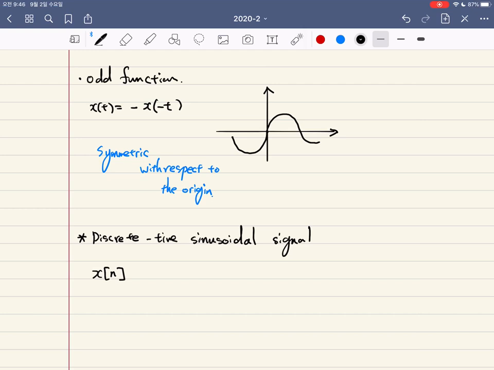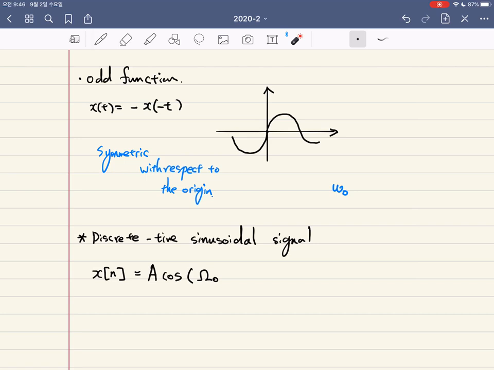For consistency, I will choose the cosine again. So A times cosine, and then we will use large omega, the uppercase form of omega. The lowercase omega is the small Greek letter, and this is the uppercase omega.